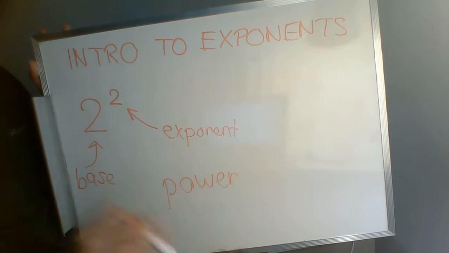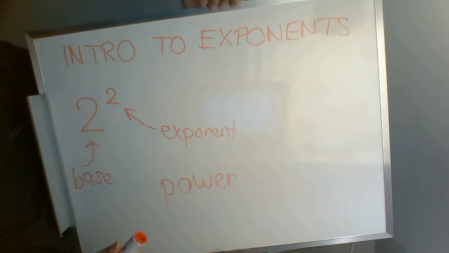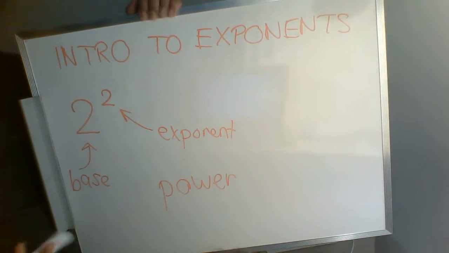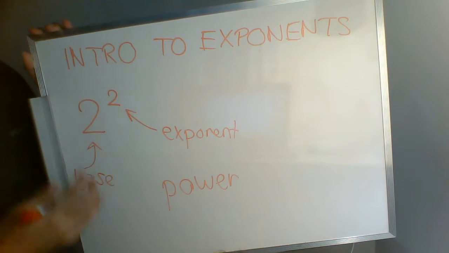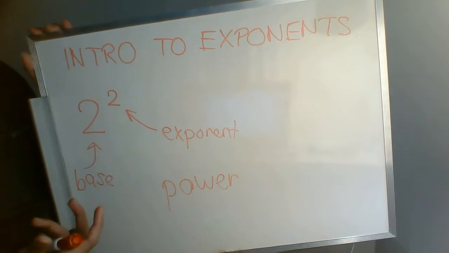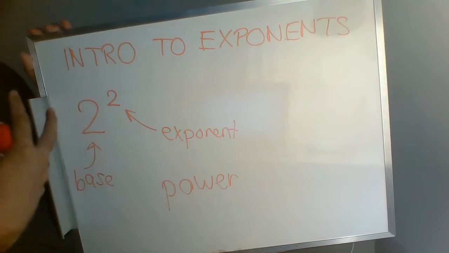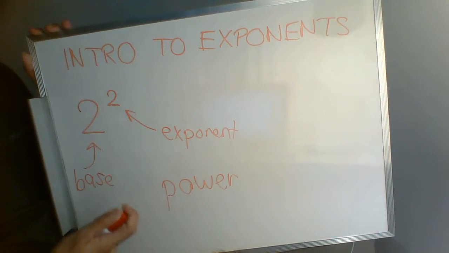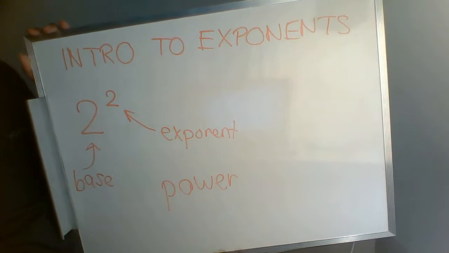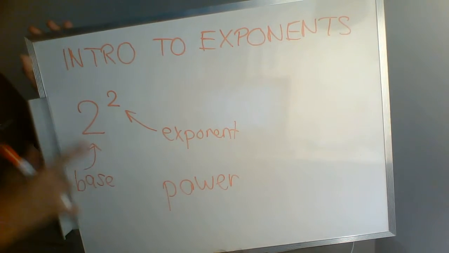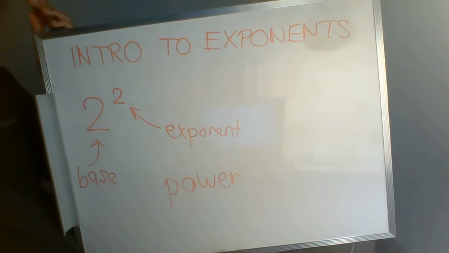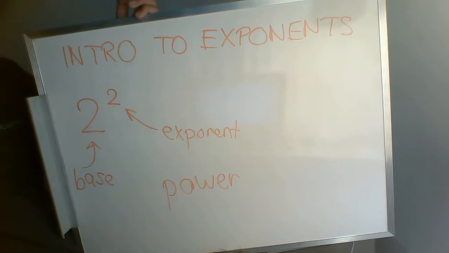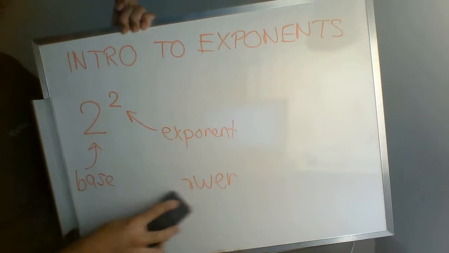I mean squares and cubes in the mathematical sense, not like the shapes, even though you interact with those too. But in this video we'll go through some examples of how to write these different exponents, what they mean, what it means to have an exponent of 2, an exponent of 3, an exponent of 5, and how it changes your answer if you change the base or if you change the exponent. So we'll explore some of that. We'll start off with a few simple examples, and then we'll work our way towards some more complicated examples.